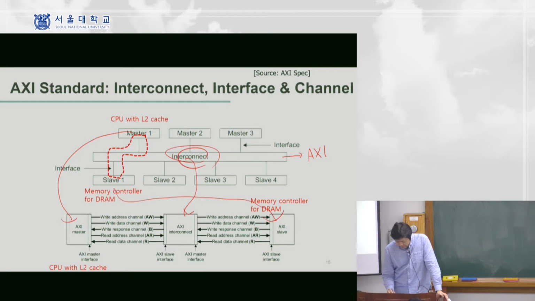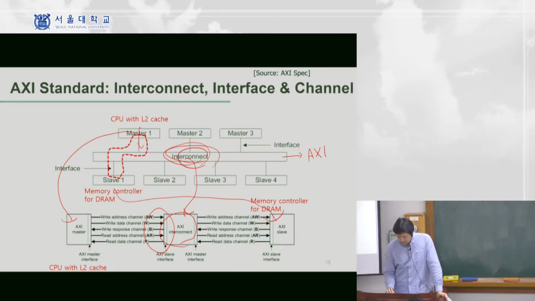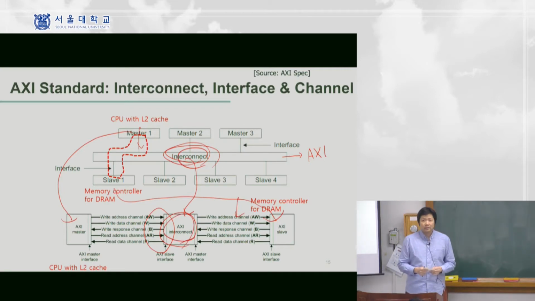In a sense, this AXI interconnect serves as a slave from this master's viewpoint, because the master sends the request, and then the interconnect receives the request, right? Buffer it, and then this interconnect forwards the request to the slave. So on this side, the AXI interconnect serves as a master, on behalf of the original master, right?